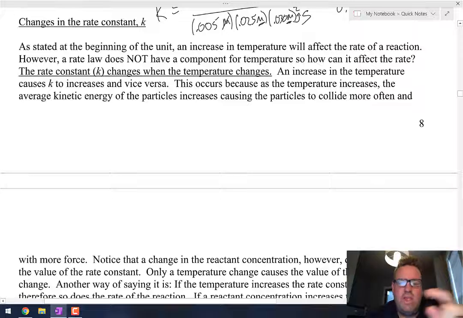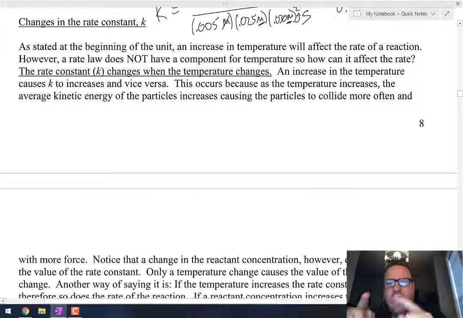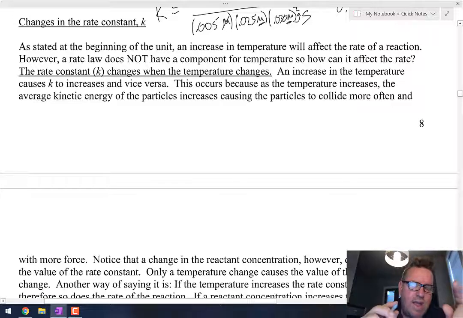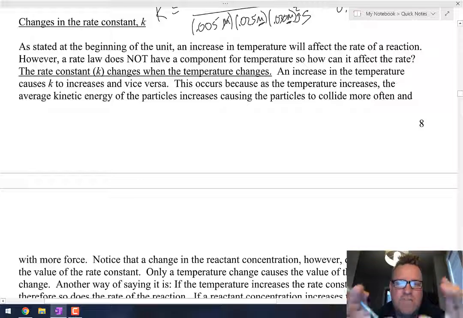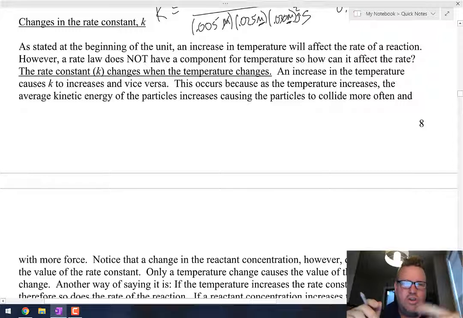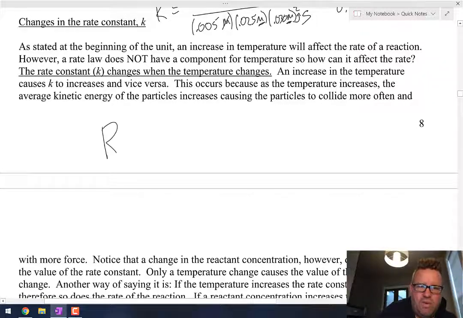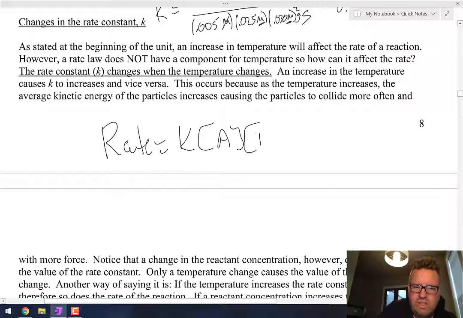So, at the beginning of the unit, we talked about how if you increase the temperature, that does not affect the activation energy. But what it does do is give more molecules enough energy to overcome the activation energy barrier. But when you look at a rate law, you're like, wait a minute, rate equals K times the concentration.